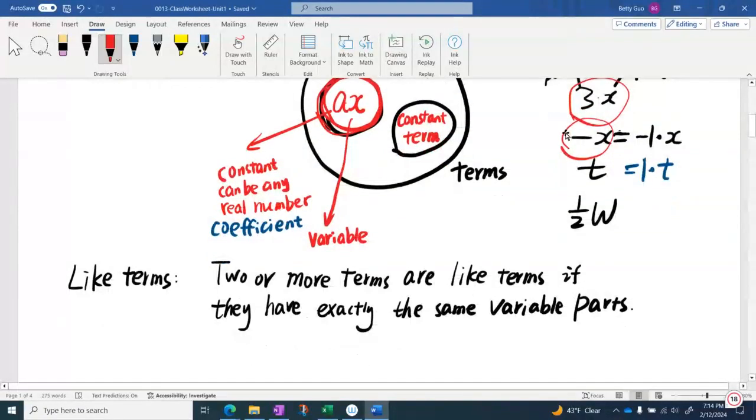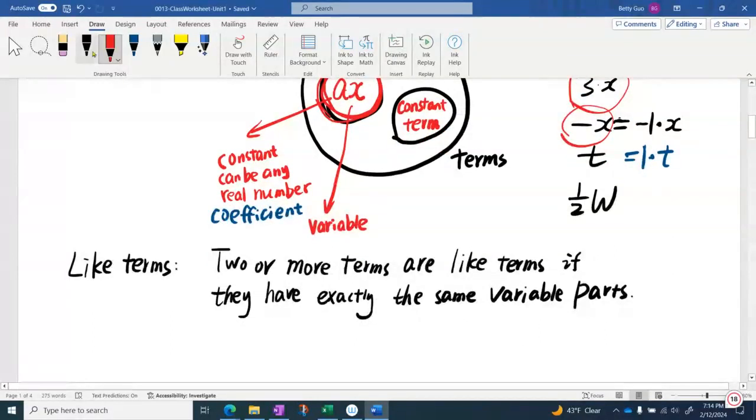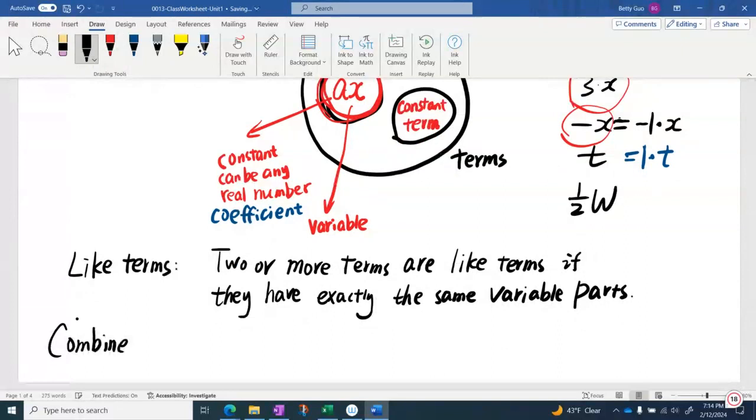We normally need to combine like terms. Those are very basic things. Combine like terms. Combining like terms, yeah. The rule here is we combine. How do we understand combine here?